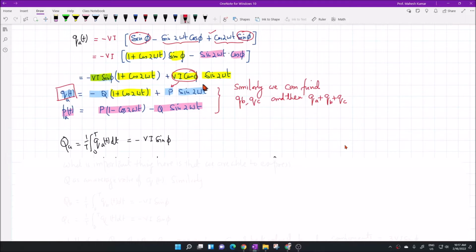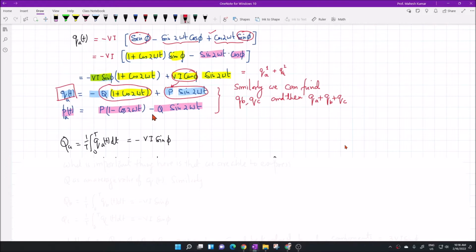But there is a time varying term as well. If I write it in this form, this is some kind of Q which has some average component. Let us say there are two parts, QA1 and QA2. Then QA2 is this part which is time varying, and this part has an average value of Q.